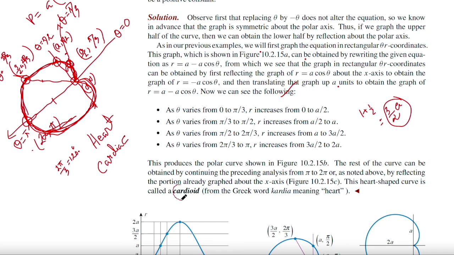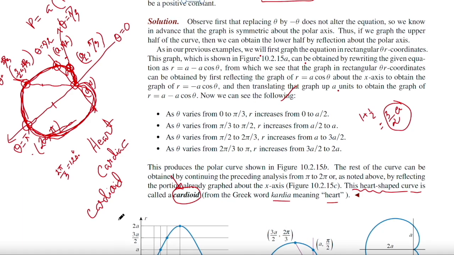What is its name? Cardioid. It comes from the Greek word cardia, meaning heart. This heart-shaped curve is called cardioid.